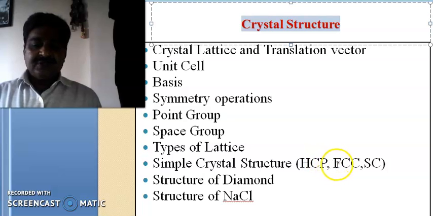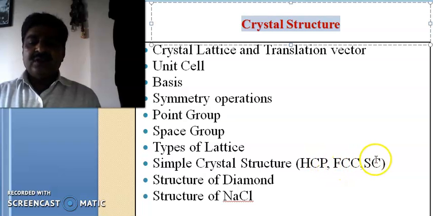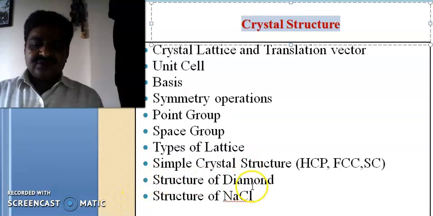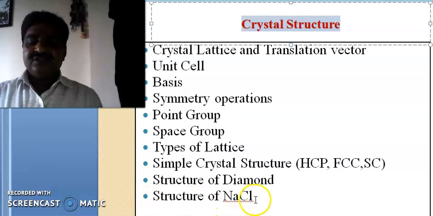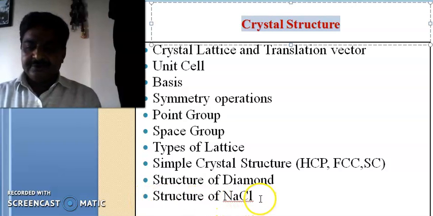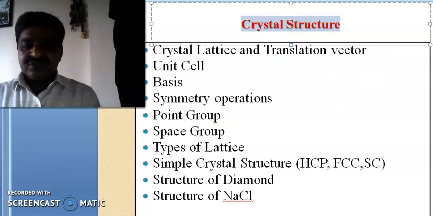What is HCP? What is FCC? Face centered cube. We discuss in detail the structure of diamond and the structure of NaCl, that is common salt, sodium chloride.